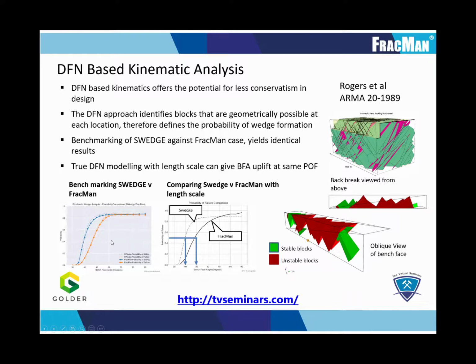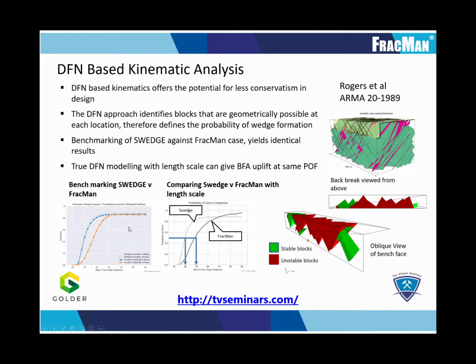In a recent benchmarking exercise between a conventional wedge analysis approach such as S-wedge and FRACMAN on a simple single wedge case, the results are seen to be identical as seen in the lower left graph, showing probability of failure versus bench face angle.